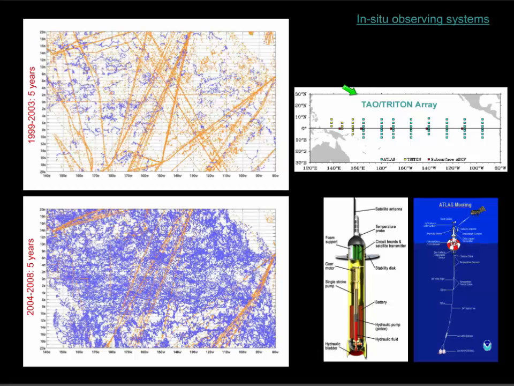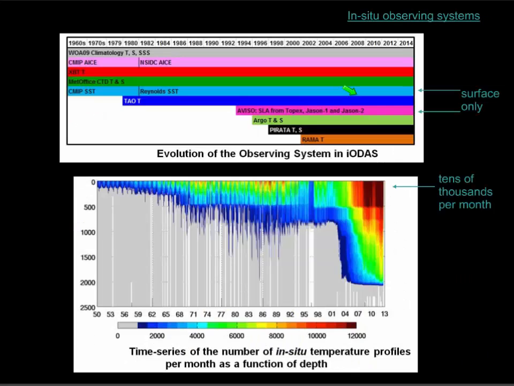But remember the number from the previous slide, millions per 6 hours. We're lucky if we get tens of thousands of observations per month. Look at this figure down here below. This is depth. These are years only. In the most recent years, we started to see what's happening in the ocean down below us.